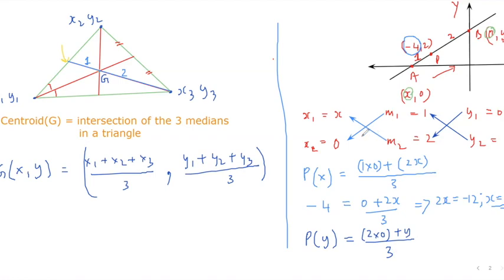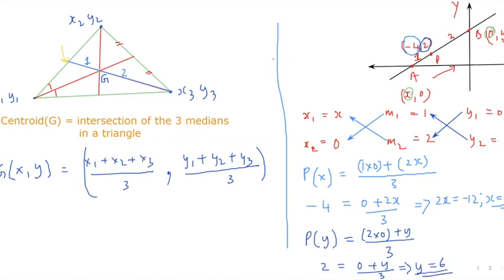And we know that P of Y is 2, right? That's given to us. So 2 is equal to 2 into 0 is 0 plus Y divided by 3. So Y is equal to 6, implies that Y is equal to 2 3s are 6.